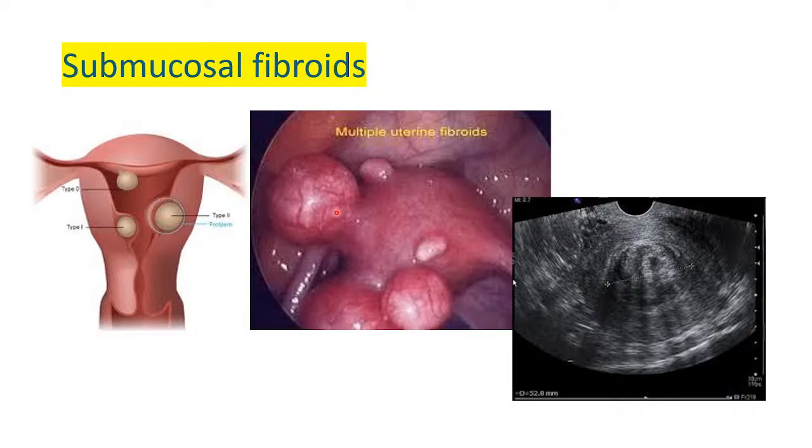You can see multiple submucosal fibroids denting the lumen of the endometrial cavity. On ultrasound, this is the submucosal fibroid, denting the endometrium. This is the uterus, and we have a fibroid there. This is a typical, classical submucosal fibroid.